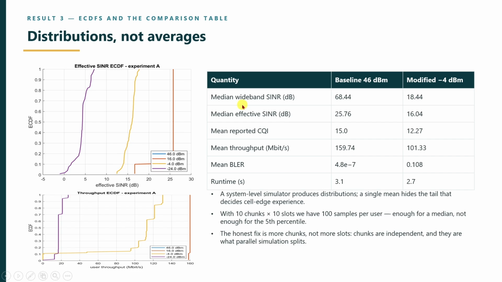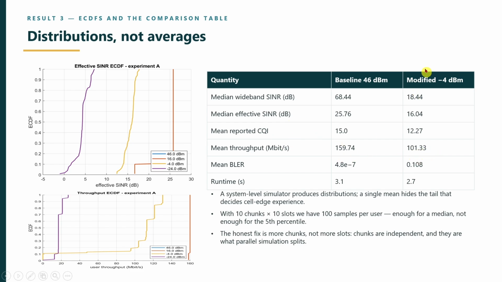The required baseline versus modified comparison. The baseline is 46 dBm, SNR 68.44. The maximum throughput is 159.74, and the modified is 101.33.